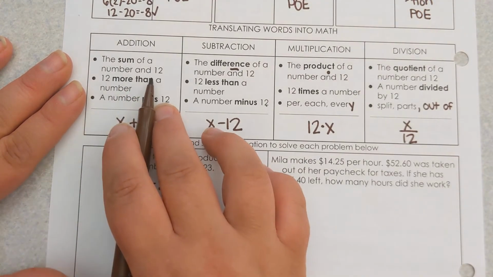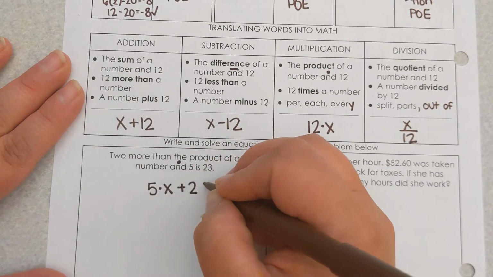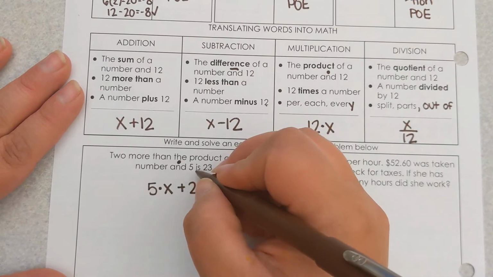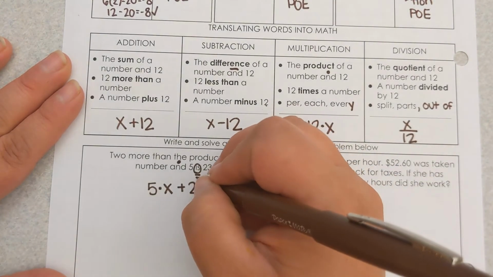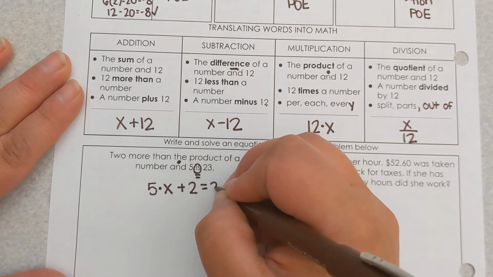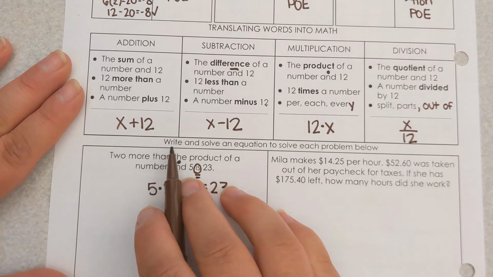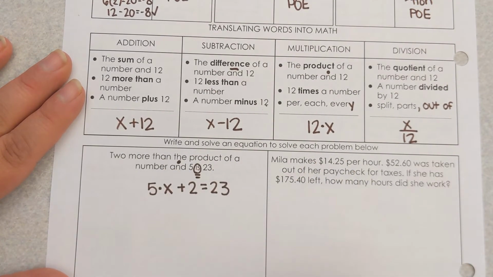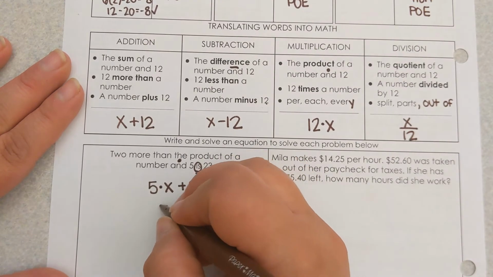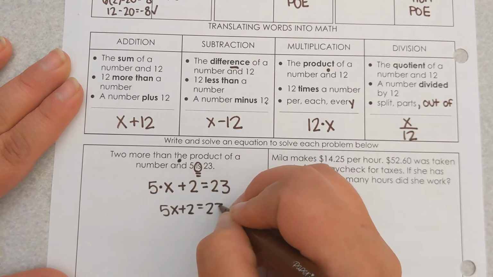Well, more than is under our addition. So plus 2. And then whenever the "is" comes up, this is the equal sign. So equals 23. And then we're going to solve it because it says write and solve an equation to solve each problem below. So really this is just 5x plus 2 equals 23.